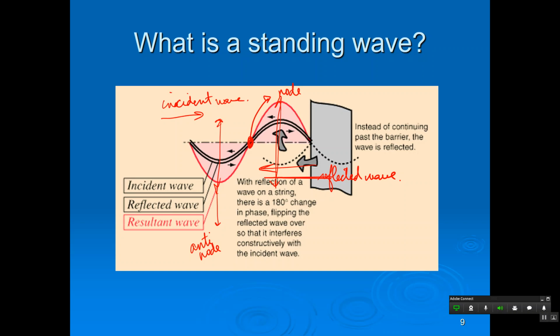One thing I will ask you, however, from this diagram: if I held the string here, and I created this thing called a standing wave, I have a node in the middle, and that node is characterized by a point in the string where there is no motion. Where else on my string is there a point where there is no motion at all?